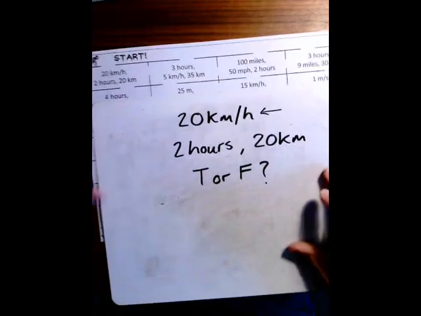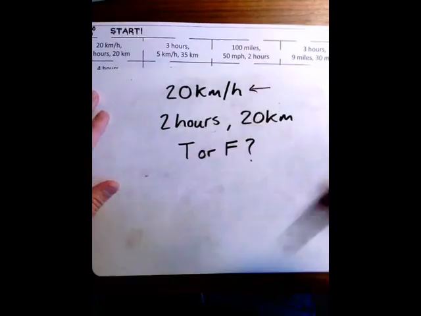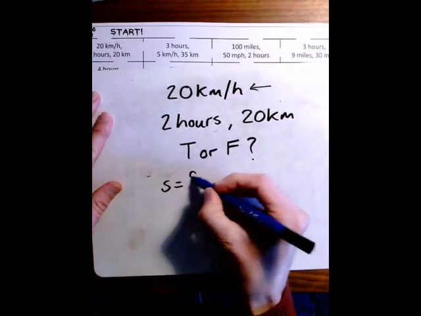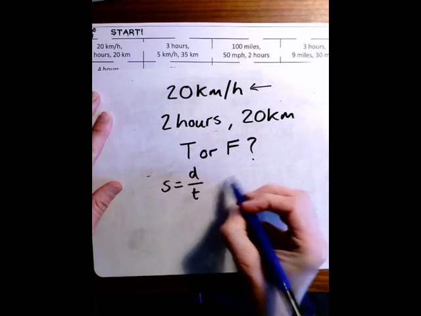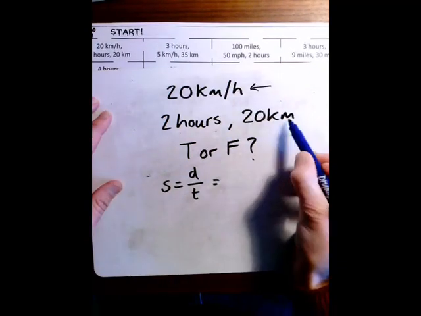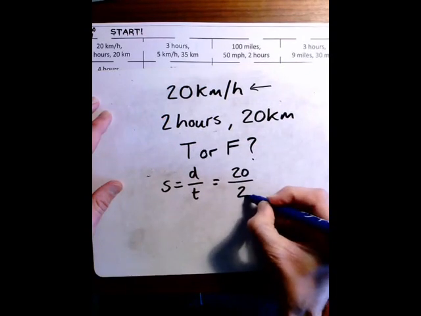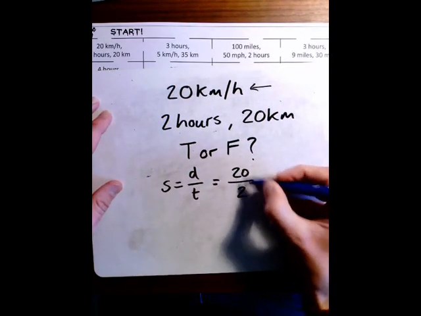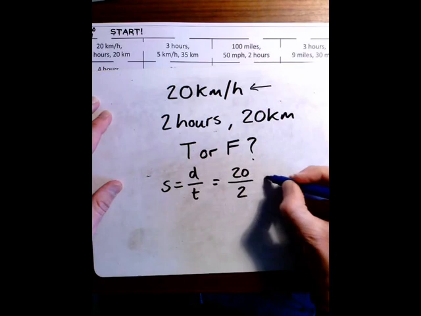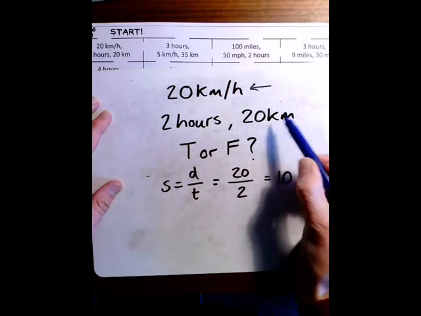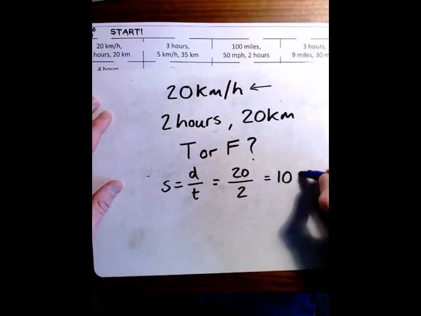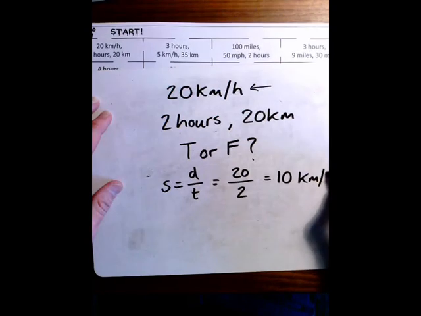Remember, let's think about our relationship. Speed equals distance divided by time. Well, let's plug it in. My distance is 20 kilometers. My time is 2 hours. 20 divided by 2 is 10. And I had kilometers divided by hours. Well, that would be kilometers per hour.